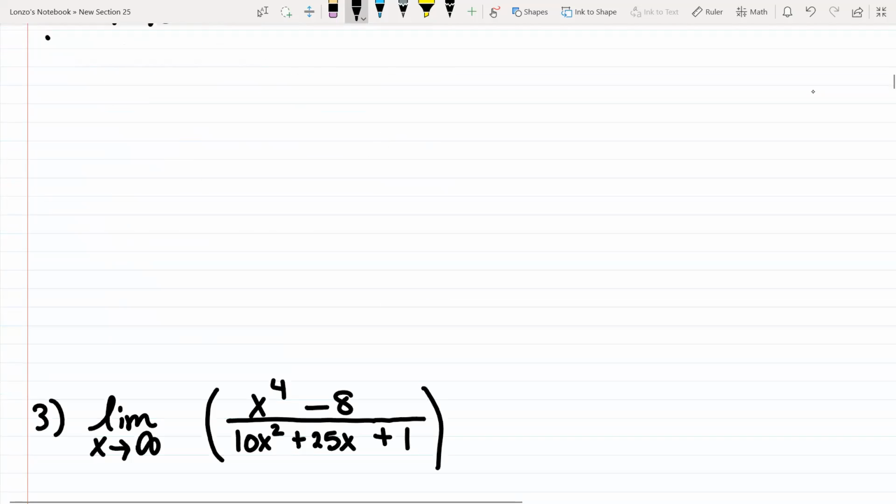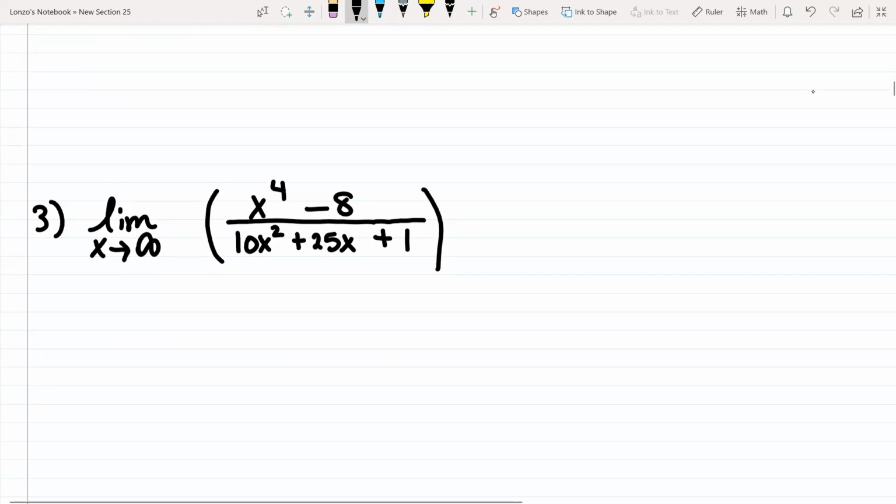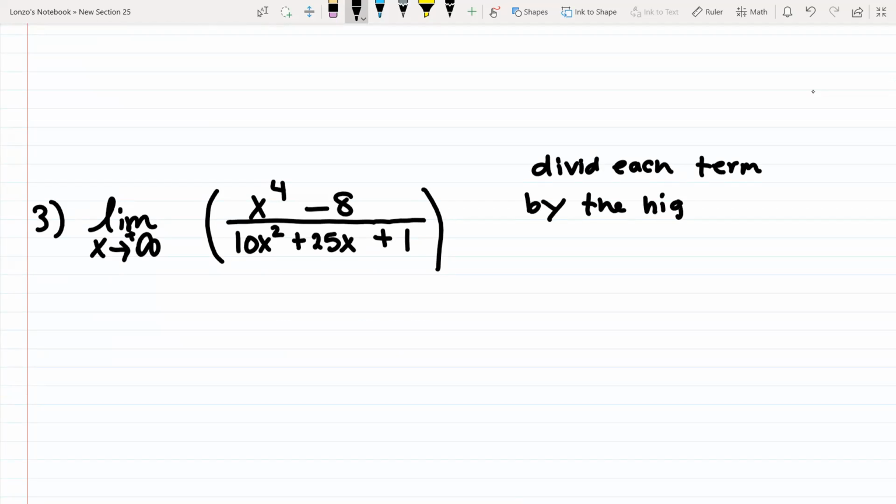Move on to number 3. What is the limit as x approaches infinity of this rational function, x fourth minus 8 all over 10x squared plus 25x plus 1? So what I would do is divide each term by the highest power of the denominator, not the numerator, of the denominator.